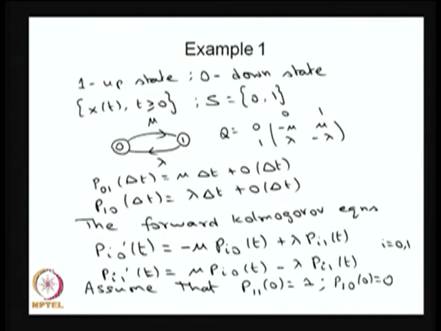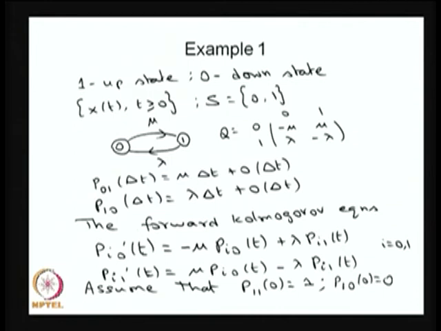Similarly, you can write the equation for state 1: either you would have come from state 0 to 1, or you did not move from state 1. Therefore, minus lambda times P_i1 of t plus mu times P_i0 of t, that is the net rate corresponding to state 1.